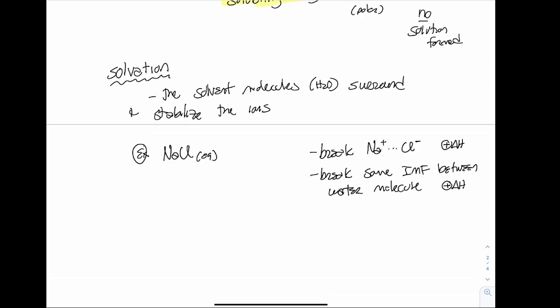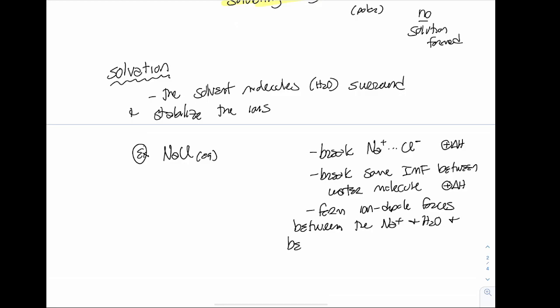What I'm going to do then is form intermolecular forces between the water and my ions. So we're going to solvate my ions. In this case, it's going to be an ion dipole force between the sodium and water, and between my chloride ions and water.